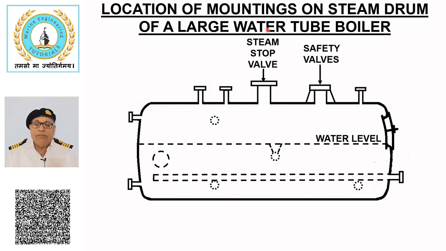Steam stop valve. Steam stop valve is used to isolate boiler from steam pipes or another boiler. Steam stop valve is mounted on the steam drum in auxiliary boiler or motor ships, where saturated steam is required.